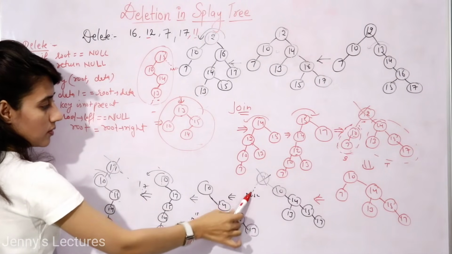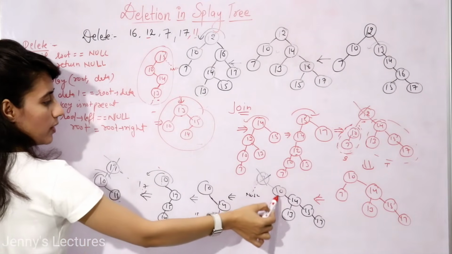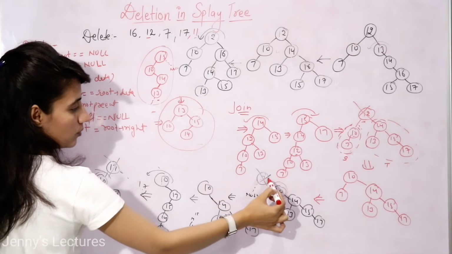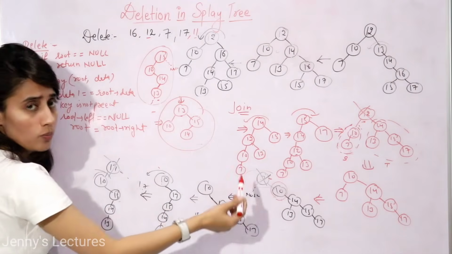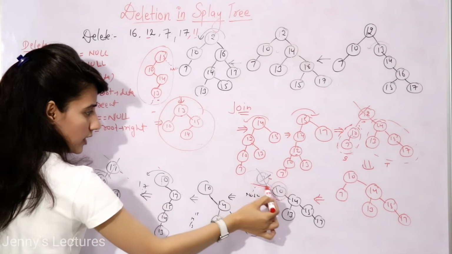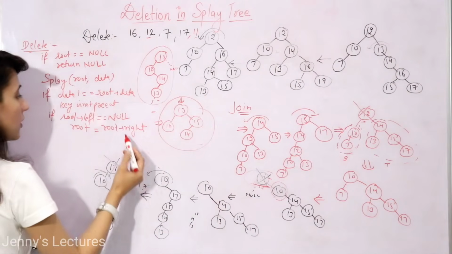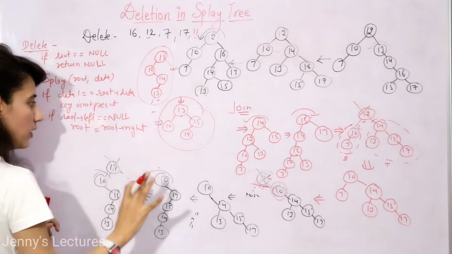Root of left, this pointer, is null, in that case root becomes root of right, the address of this node would be in the root pointer, right? Because this is a node obviously. Root means I am containing the address of this node, not the value 7, right? So now root of right becomes root, fine.